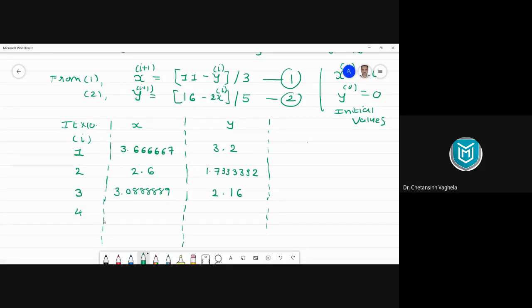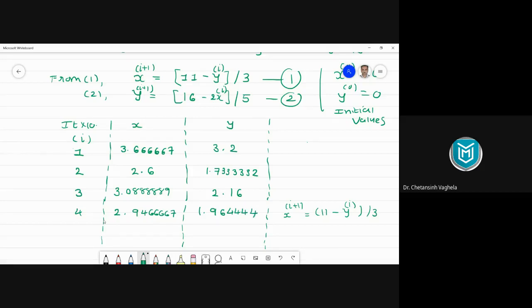And in the fourth iteration, tell me what is the x value and y value. Okay, Nidhi says for x it is 2.94667, and for y, Nidhi says it is 1.964444.